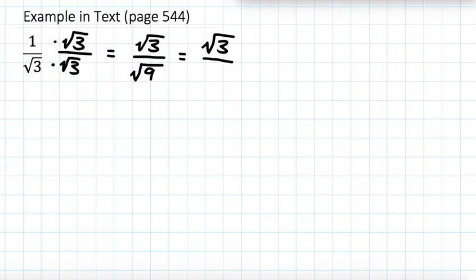That's a perfect square. That's 3. So this is my answer here. Now, I know it doesn't look like it's more simplified than what I originally started with, and a lot of times it may even look more complicated, but I no longer have a square root in the denominator, and that was my goal. So square root of 3 over 3.